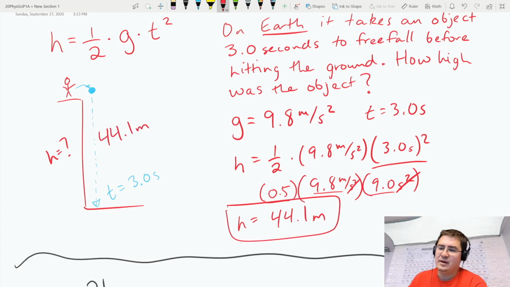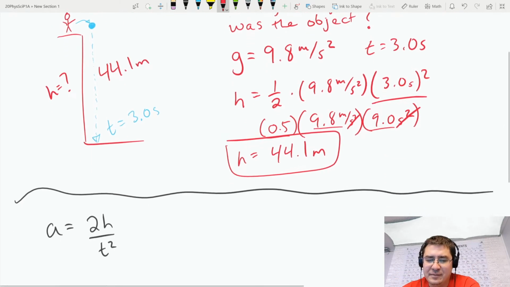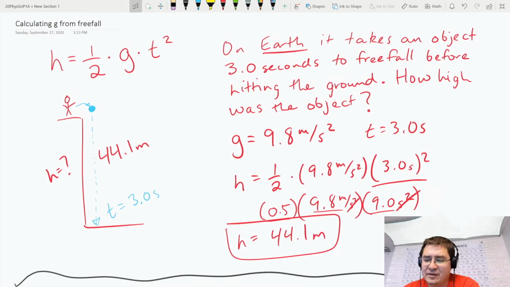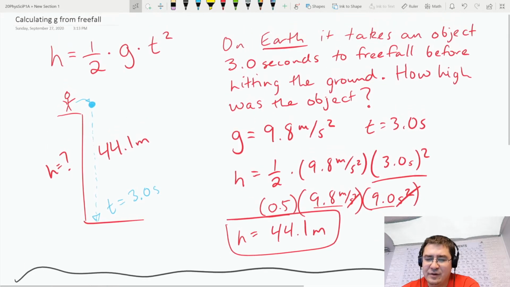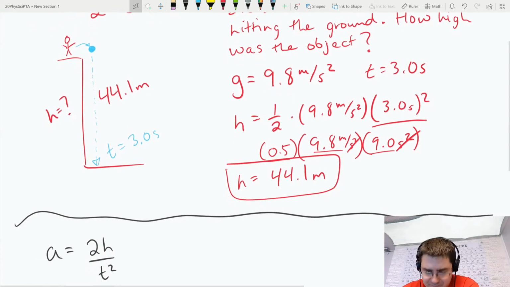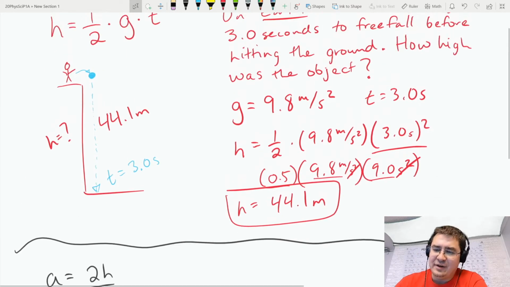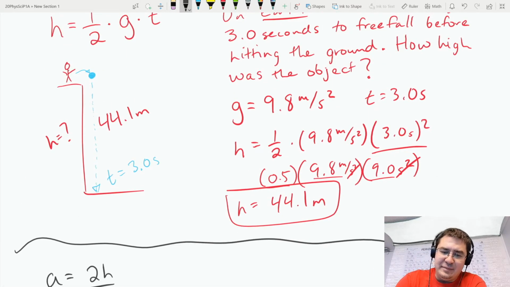Okay. Now let's modify this problem and let's talk about, had this happened on Mars, and let's say we were still at a height of 44.1 meters. It's going to take a lot longer for it to hit the ground. So let me just make this up. Now this is just made up data. Let's put a little spacesuit on this guy because there's not a breathable atmosphere on Mars.